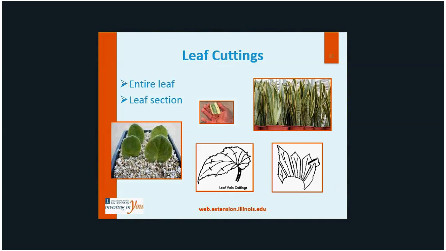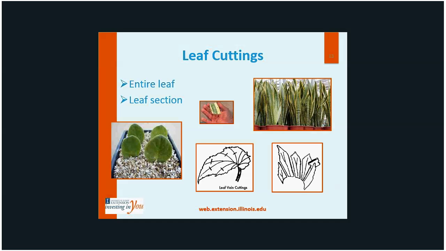And then I can wound that leaf. So I can make little cuts into that leaf. If you look on that leaf on your screen, you can see those little lines. That's where they wounded the leaf. Wherever I have one of those little cuts, that's the potential for that to root right there. So basically by getting all these different rootings on that one leaf, I can then detach all these segments and have that many new plants.